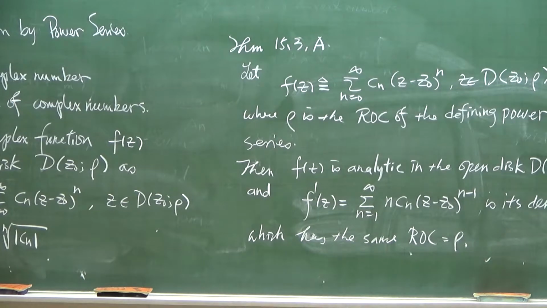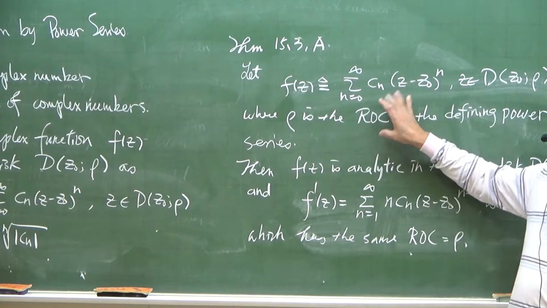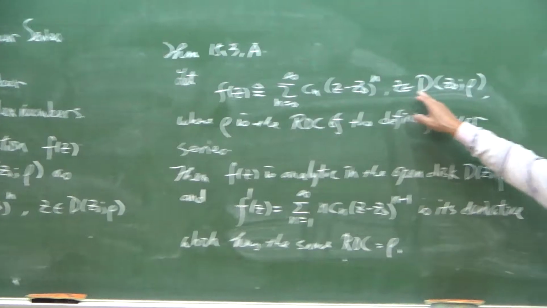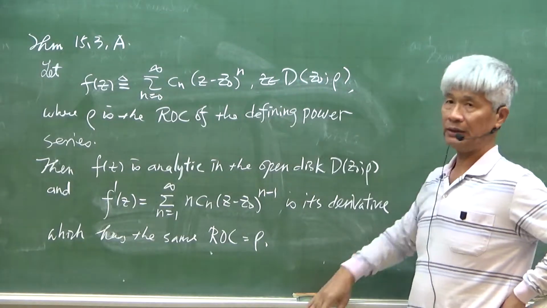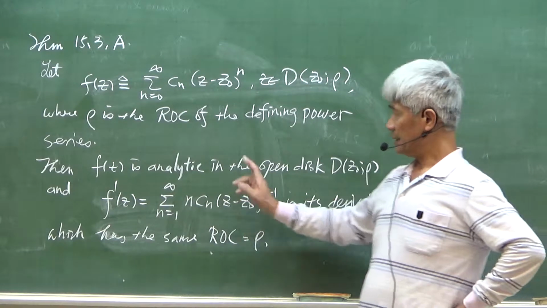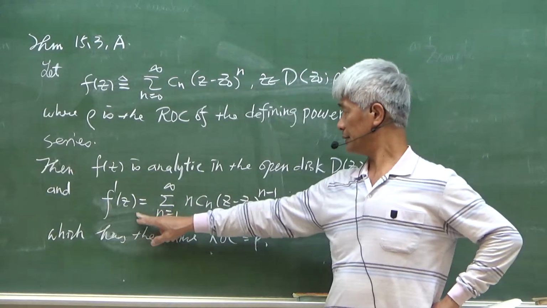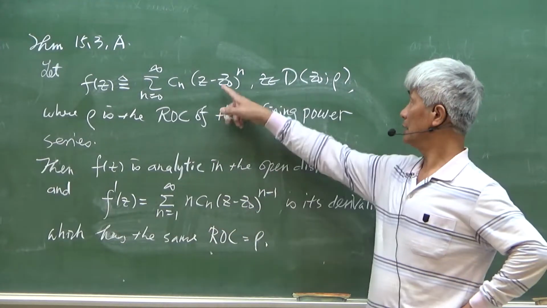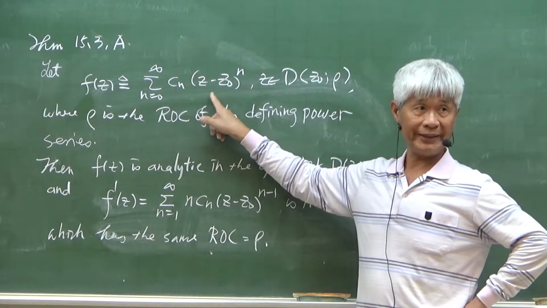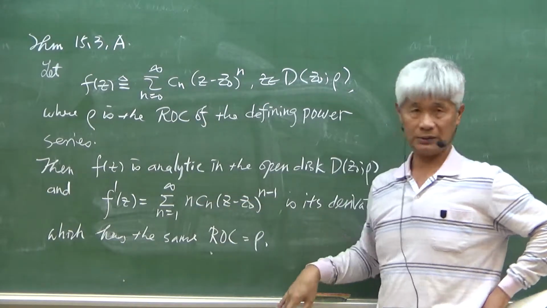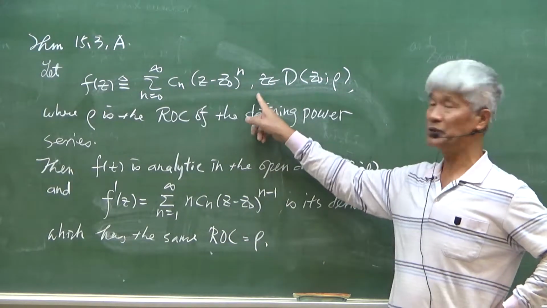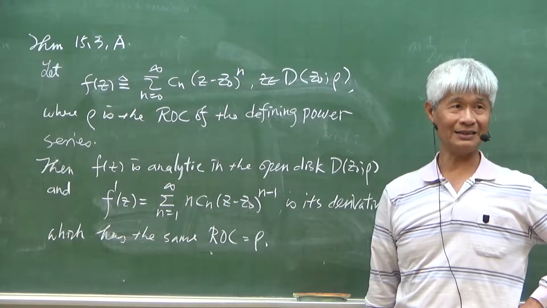So the conclusion is very important: any function defined by a power series is analytic in the defining disk, and its derivative can be written as a power series, obtained simply by differentiating term by term. The third thing is that this power series has the same ROC as the original one.